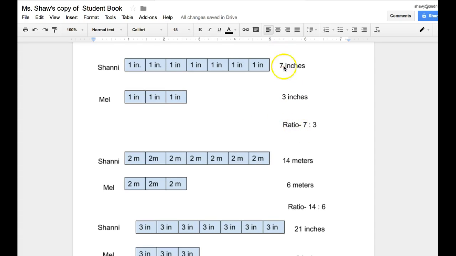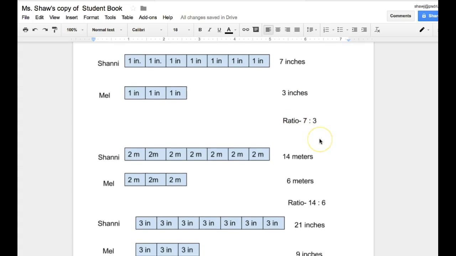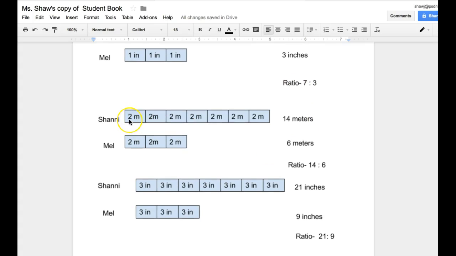The ratio then was 7 to 3. Notice we didn't put in our measurements because when we write the ratio, we don't. When Shani had each unit representing 2 meters, the total length was 14 meters. And then when Mel's units each represented 2 meters, she had 6 meters. The ratio then was 14 to 6.